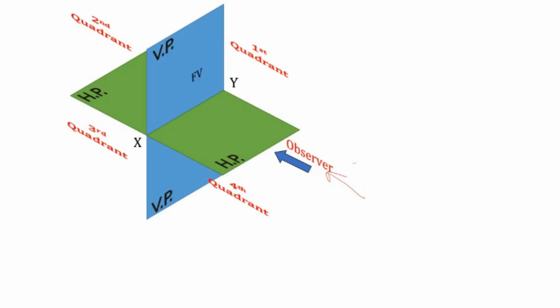If we look from this direction, or if we project from this direction, the front view will be obtained in the vertical plane, and the top view will be here in the horizontal plane. So this is the concept.